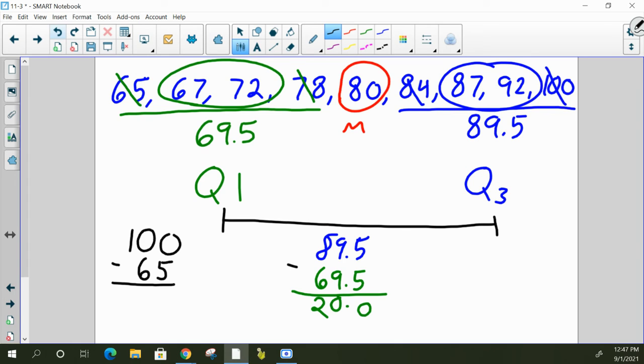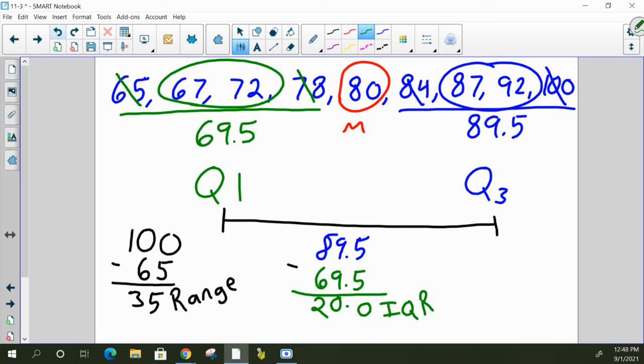Do 100 minus 65 right now in your book. And then you can use your calculator if you want to, but that should be pretty quick. Yeah. If you regrouped, you would have ended up with 35. So the range is 35. And the interquartile range, the IQR, is 20.